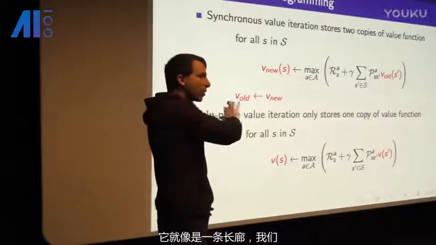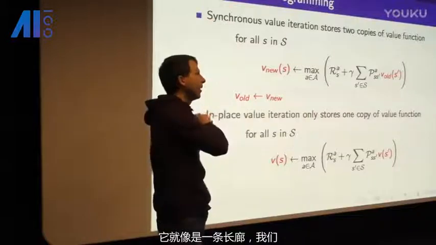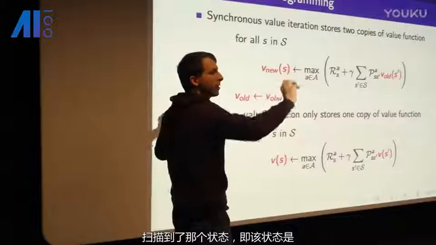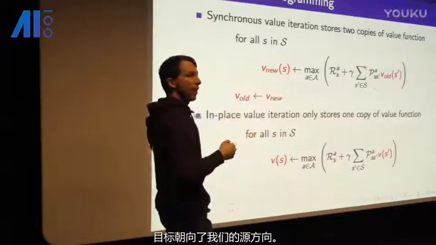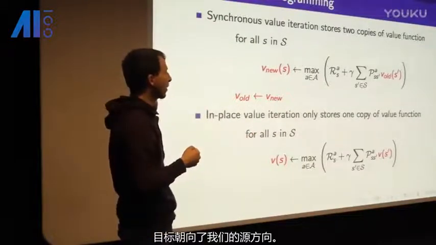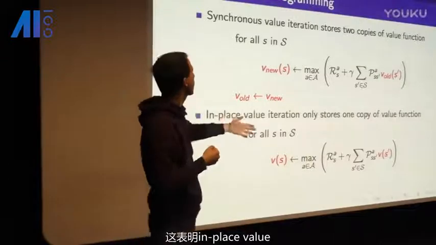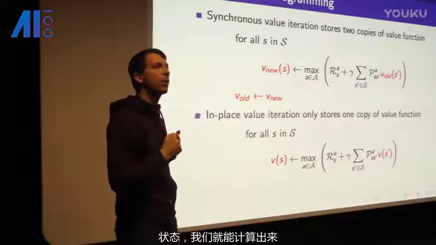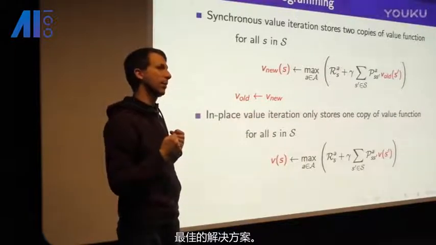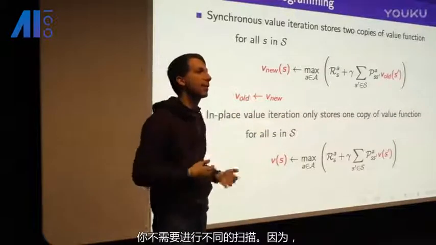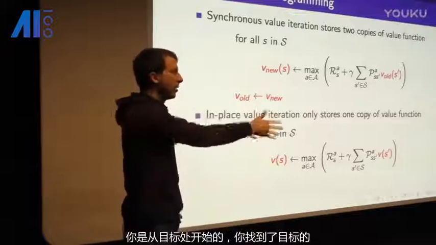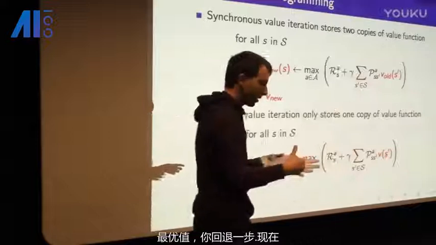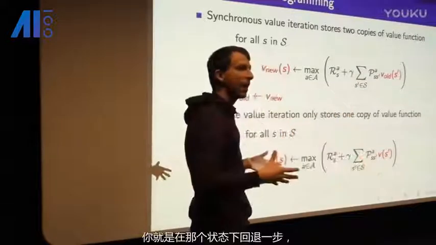So imagine you've just got a single corridor, and you happen to sweep over your states in a goal towards source direction. Well, then it turns out that in-place value iteration in one sweep through all of your states will have already computed the optimal solution. You don't need n different sweeps, because you start at the goal, you figure out the optimal value of the goal, you step back one, and now you already plug in your latest value there.